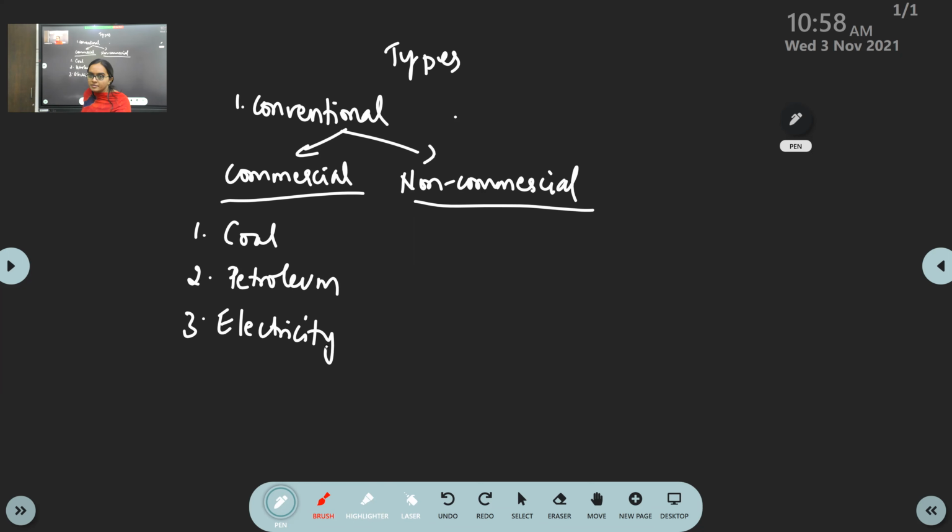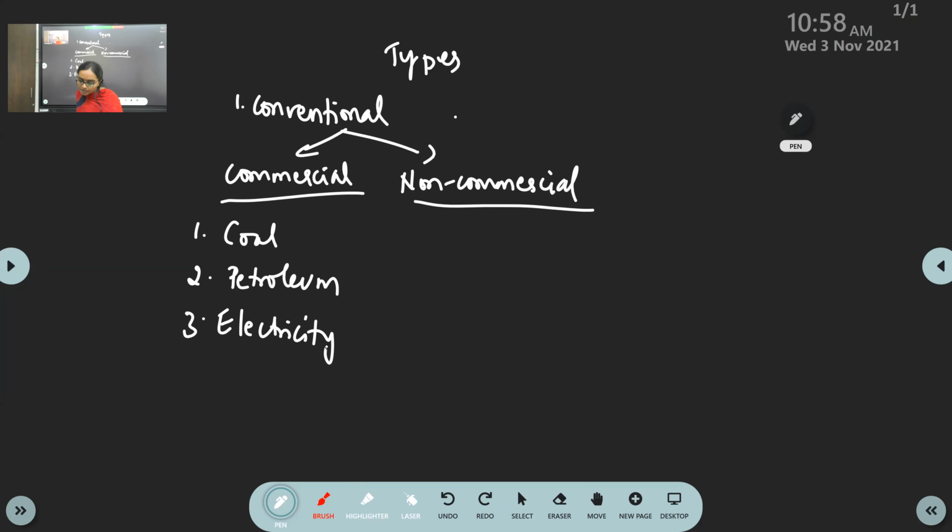Petrol means one product. Petroleum means different products, petroleum products. Okay. Conventional sources: coal. And we buy this with the exchange of money, isn't it? If you have to use electricity, you have to pay the bill. If you have to use petrol, you have to pay the amount commercially.